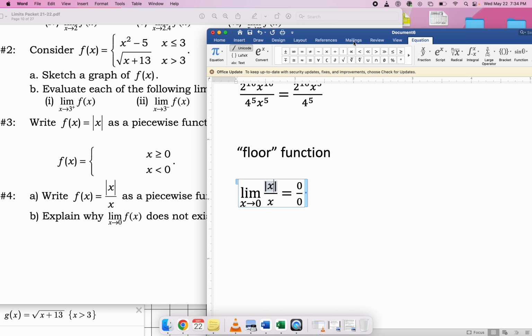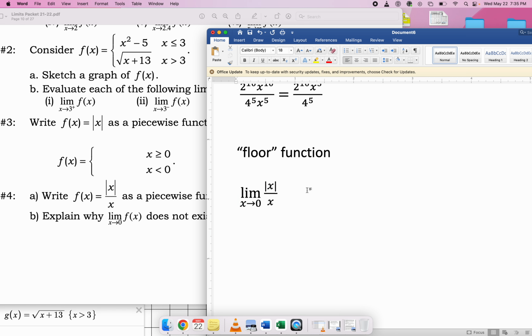The absolute value bars are like a set of brick walls. And so, in order to simplify this function, you have to analyze what the absolute value bars are actually doing, okay? And what those absolute value bars are doing depends upon whether x is approaching 0 from the left or the right, because it depends upon whether x is a positive or a negative number.